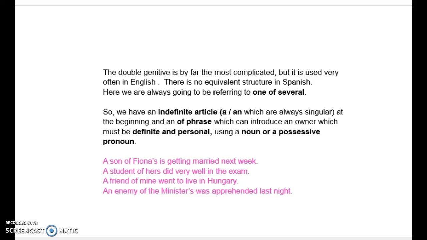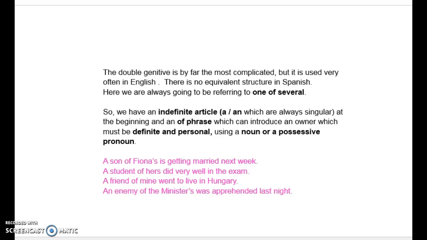The one that is by far the most complicated and the one that always gives most problems is the double genitive. To talk about the double genitive, you have to make sure that you are talking about one of several. Yes, there is no equivalent structure in Spanish, and remember that we are always talking about one of several.